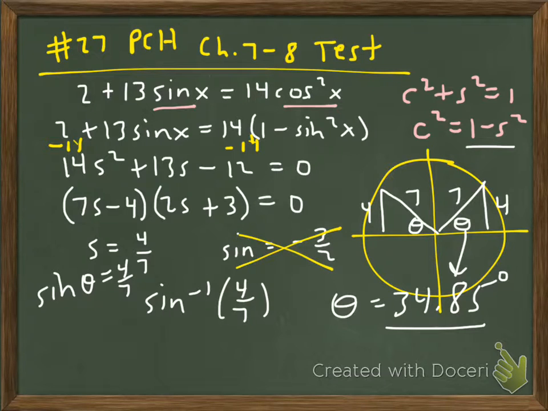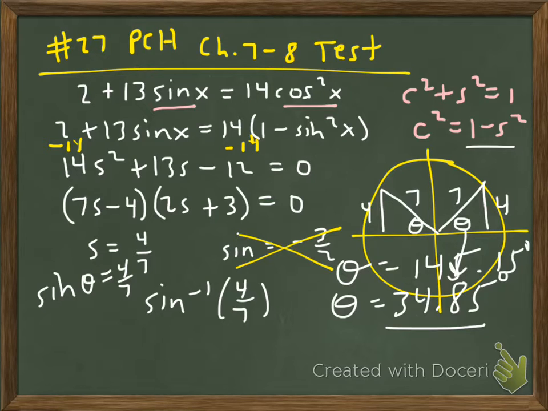But this theta here would be 180 minus that. So 180 minus that is going to give us 145.15 degrees. And which answer is that? 34.9 and 145.1. Yeah, that would be A.